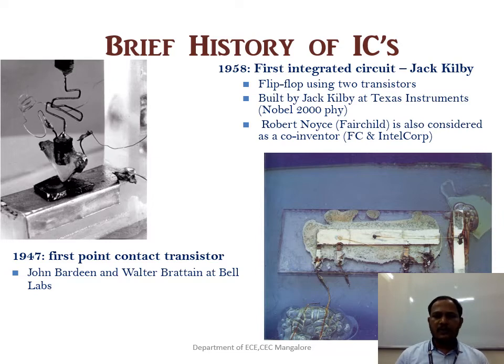The first transistor was found in 1947 by John Bardeen and Walter Brattain at Bell Labs.